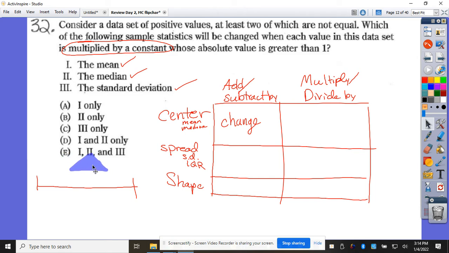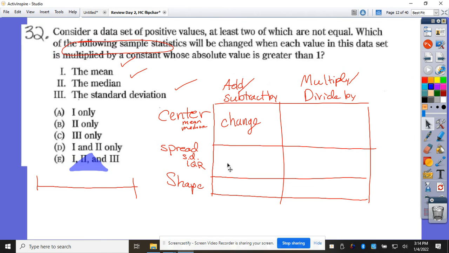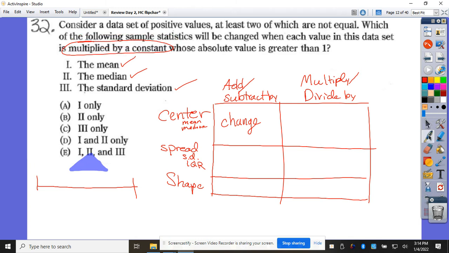No. So when I add or subtract here, my spread stays the same. What happened to my shape when I moved it back and forth? Stayed the same.